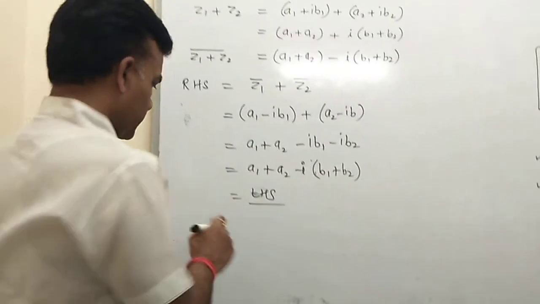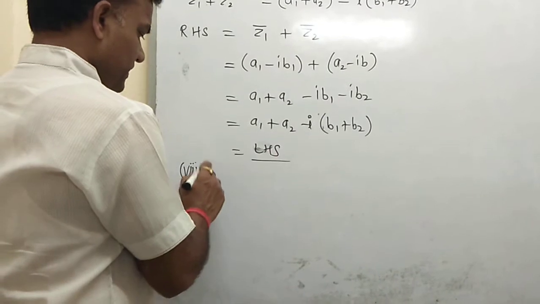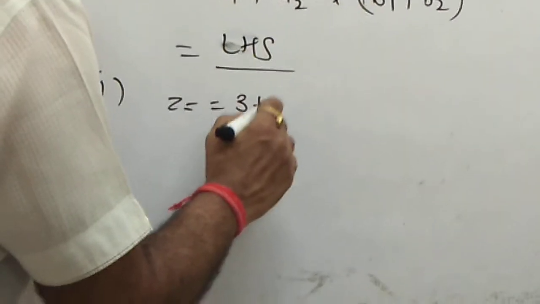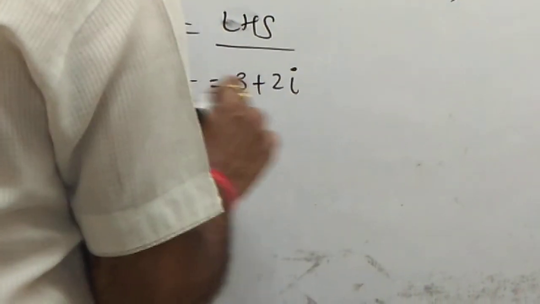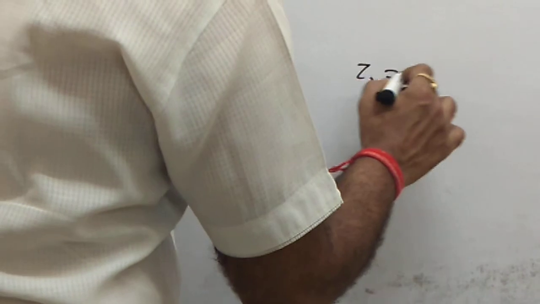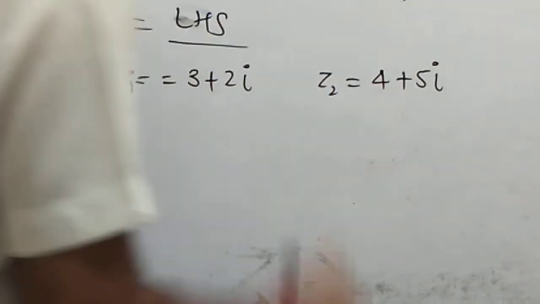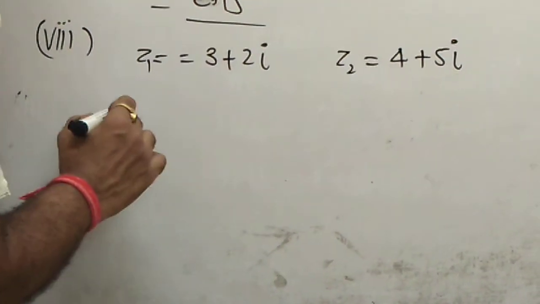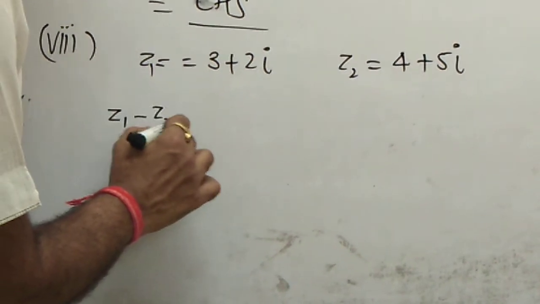We discuss property 8 with the help of numeric examples. Suppose z1 equal to 3 plus 2i, and z2 we have 4 plus 5i. Okay, so now using the property, we have z1 minus z2.